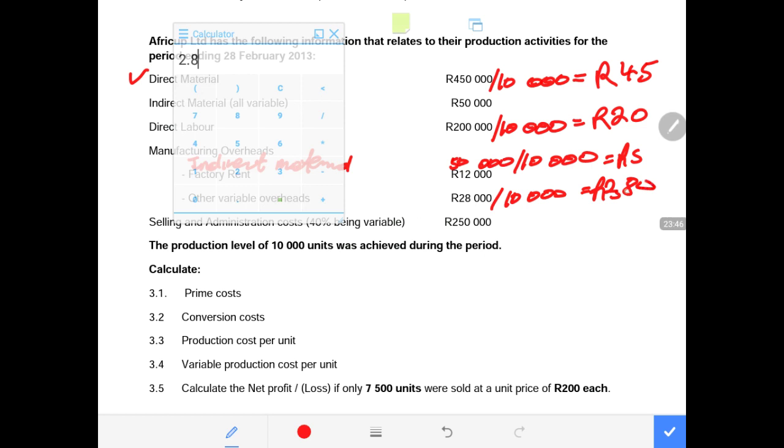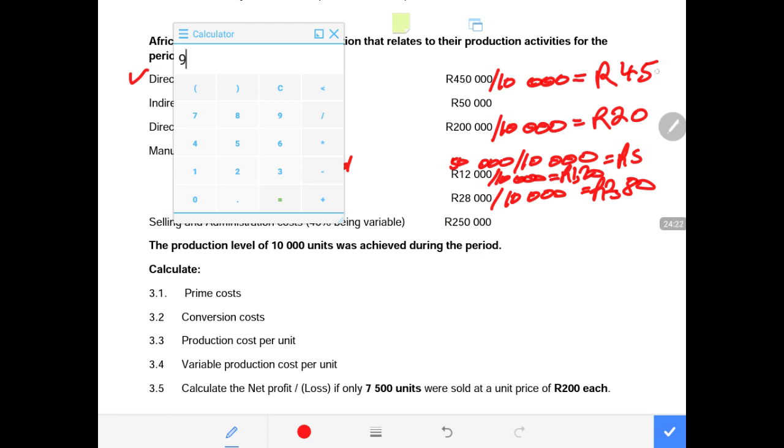And what did I skip? 12,000 divided by 10,000 gives us 1.2, which is 1 rand 20 cents. So we have 1 rand 20 cents plus 5 rand plus 2 rand 80 cents, and we still get to the same 9 rand. Either way, you are going to get to the same 9 rand.